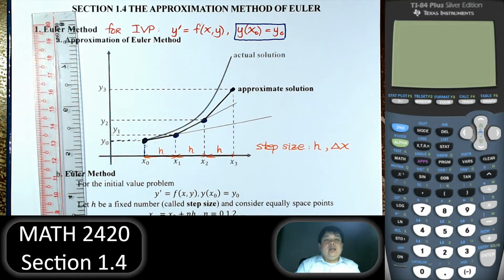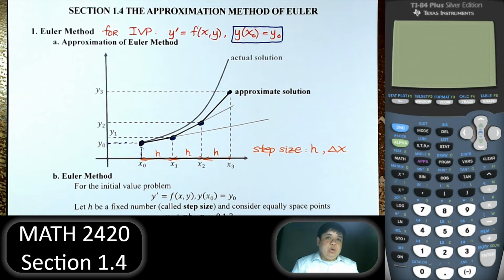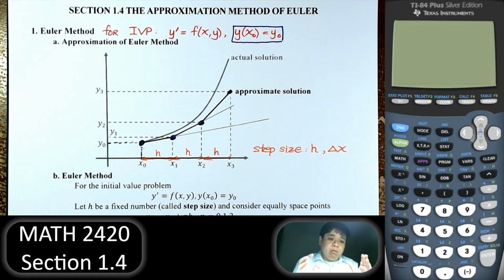Just like in calculus, where we use the Riemann sum, rectangles to estimate the area under the curve, the more rectangles we have, the better the approximation. Likewise, the smaller the step size, the more steps we have, the better the approximation. That is visually how the Euler method works.